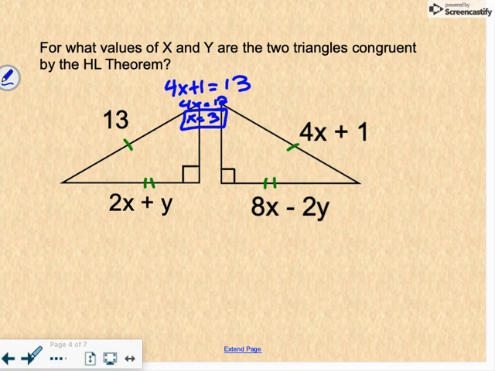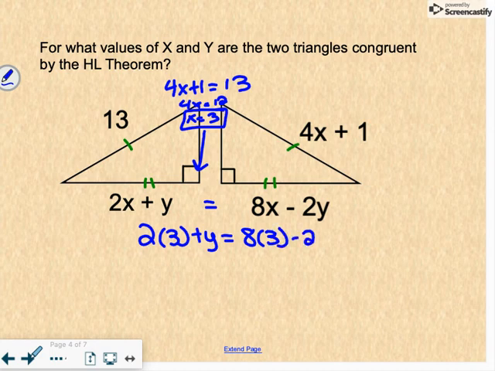Well, now we want to solve for y down here, so we set these equal. But I'm now going to substitute that 3 in for wherever there's an x. So 2 times 3 plus y is equal to 8 times 3 minus 2y. So now I have 6 plus y is equal to 24 minus 2y.